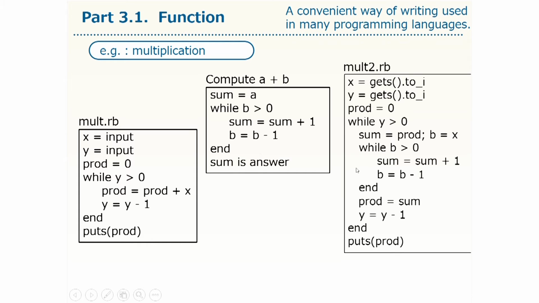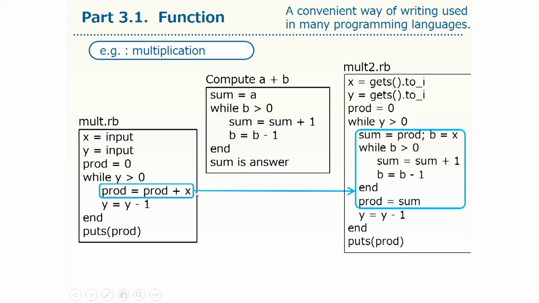This is the actual program that we have already embedded in this part. Okay. The left blue framed part computes prod plus x and stores it in the variable prod. We learned that we can write this part with plus 1 and minus 1 like this right blue framed part.